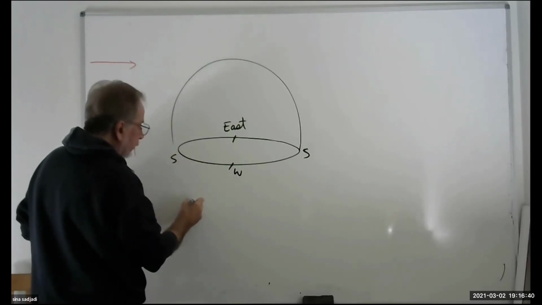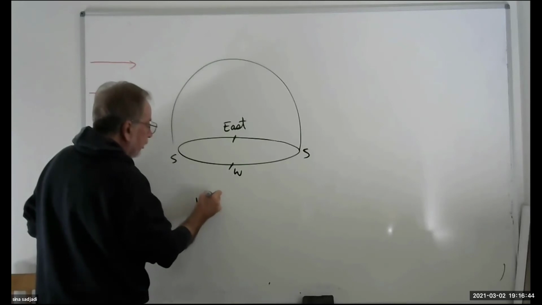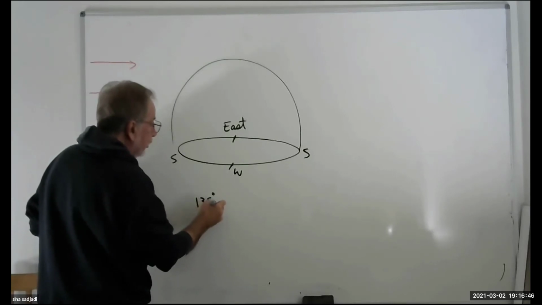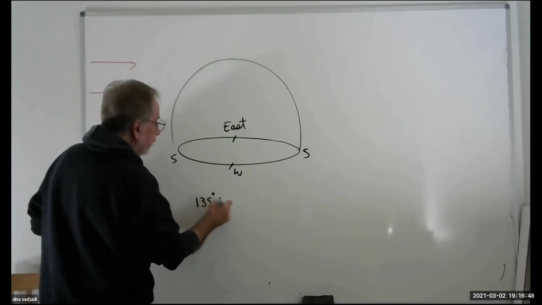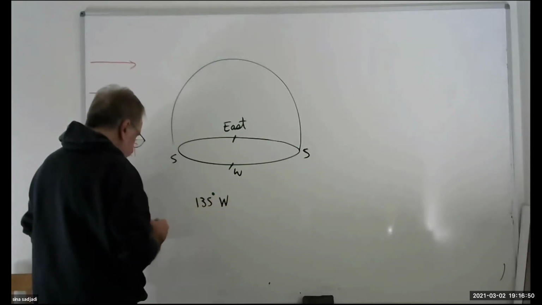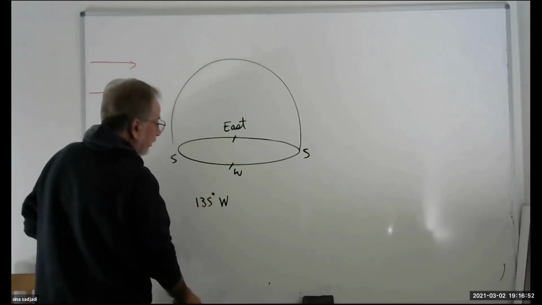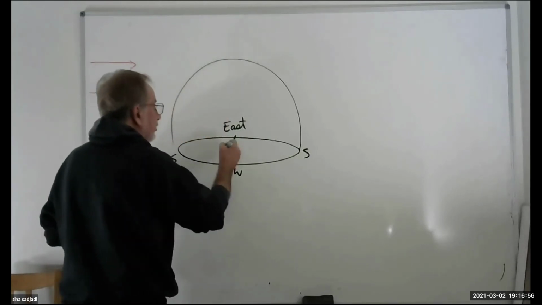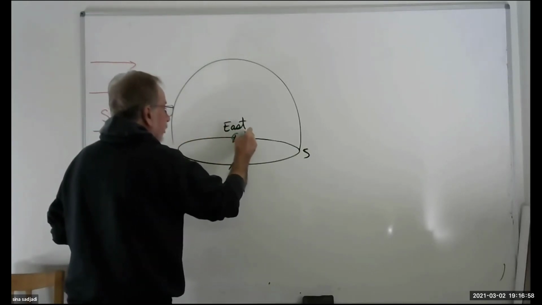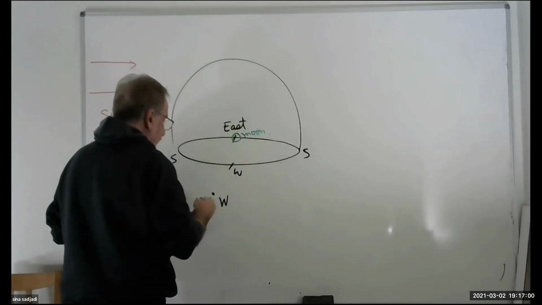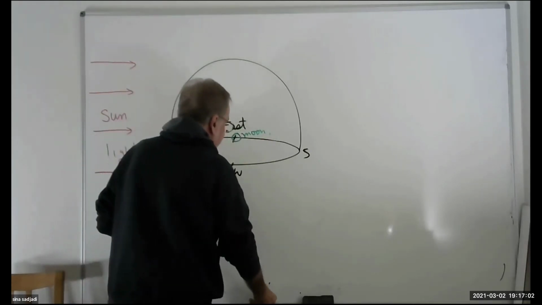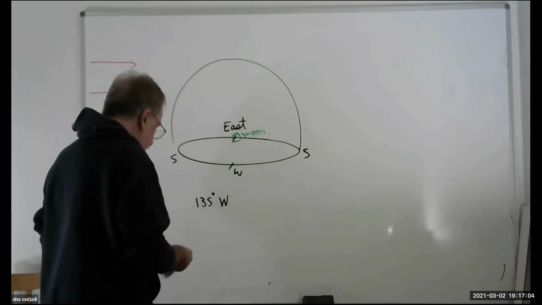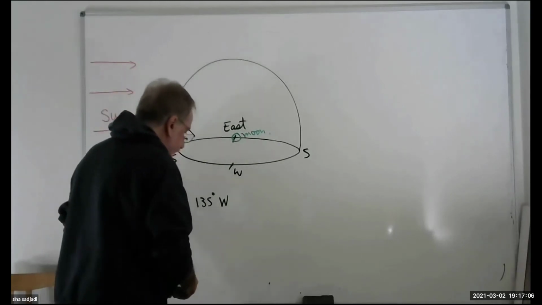So the angle is 135 degrees, west. And the moon is rising. That's the information that we have. So the moon is rising. Here's the moon in the east rising. And it doesn't say what time it is, right? So we've got to figure out where the sun is now.